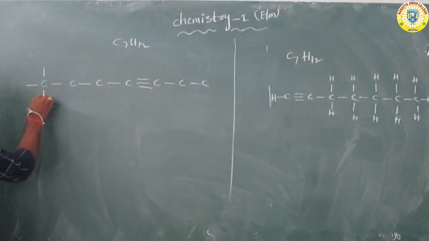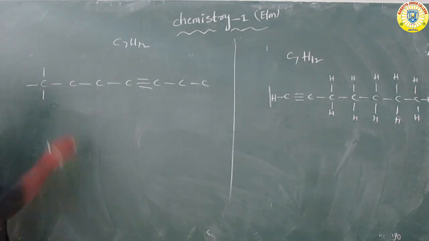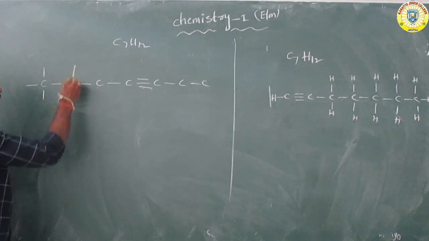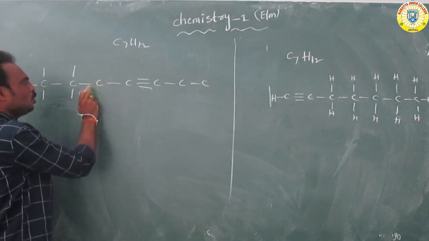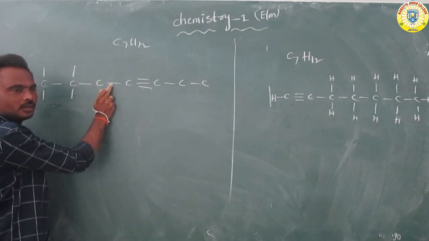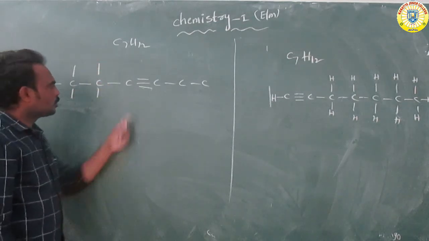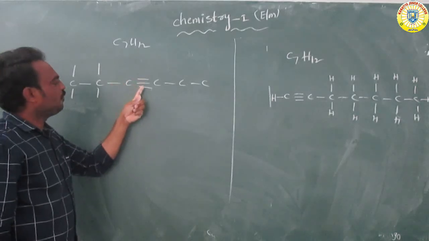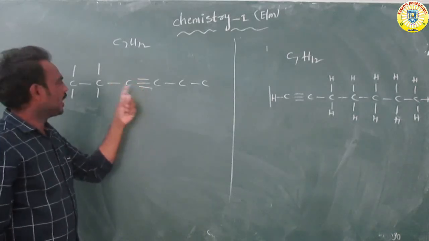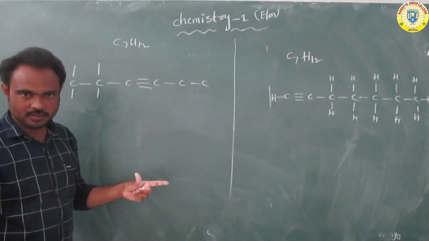Bond, bond, bond. Suppose we take the second carbon. This second carbon contains 2 bonds, remaining 2. Taking this carbon, 1, 2, 3, 4, it is fulfilled.